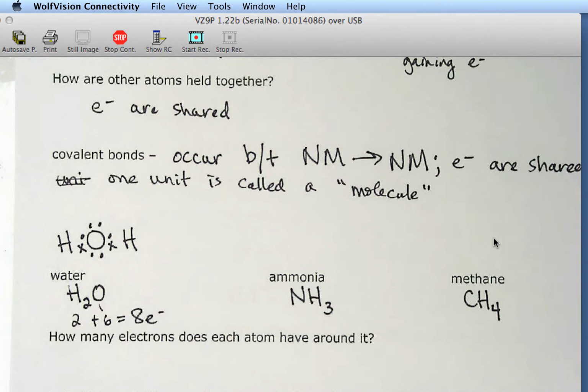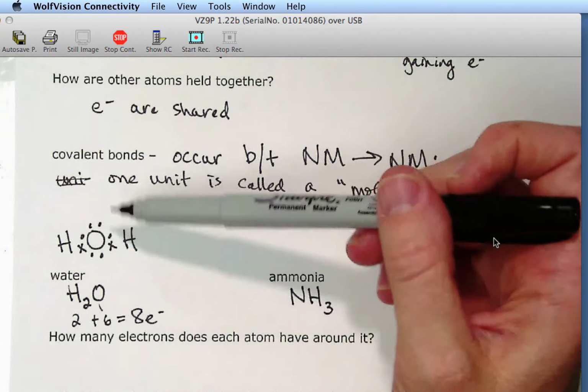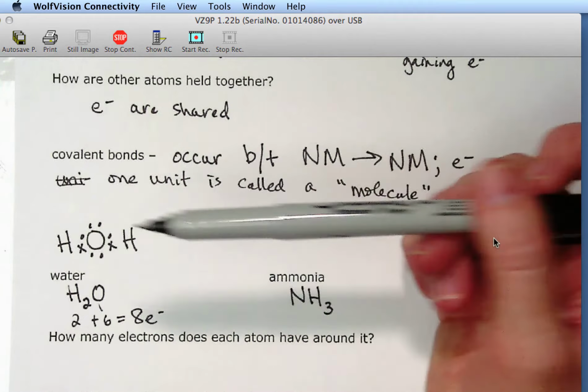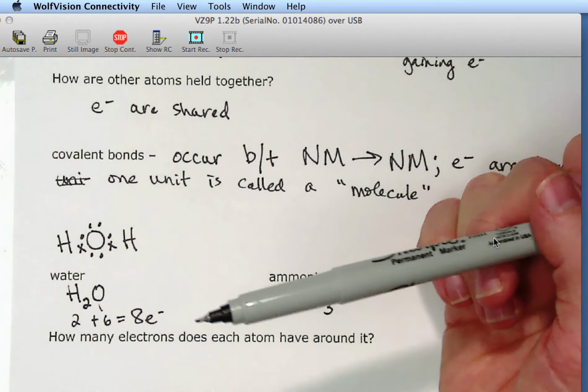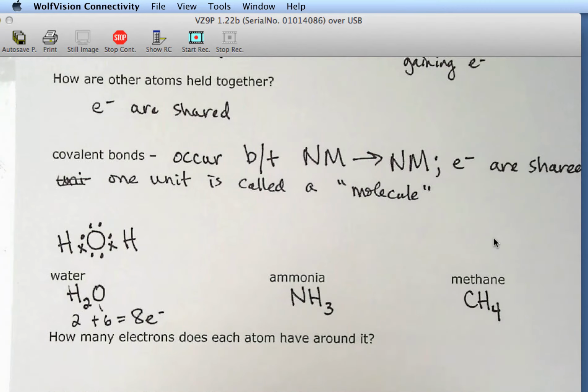So now oxygen has 2, 4, 6, 8 electrons around it. Hydrogen just has 2. Remember, hydrogen is that minimalist. You might know one of those people that does not need anything, just very minimal. Too complicated, they lose track.